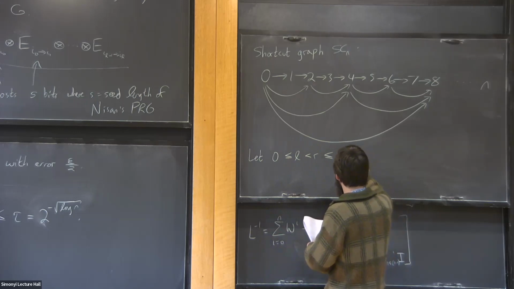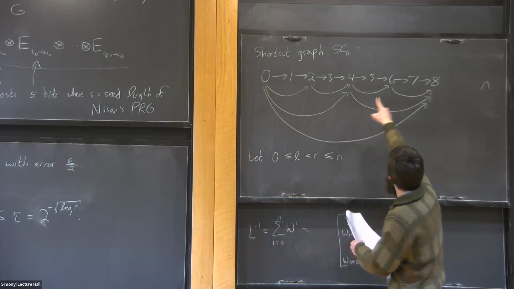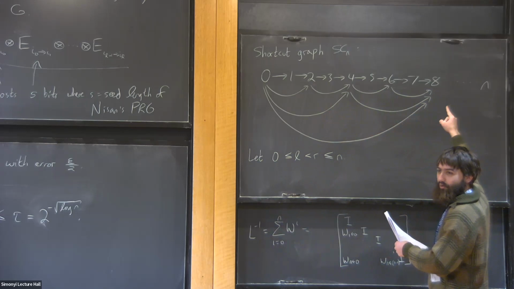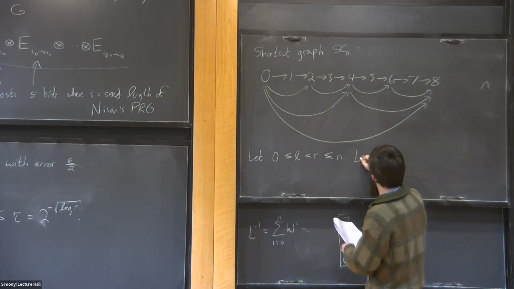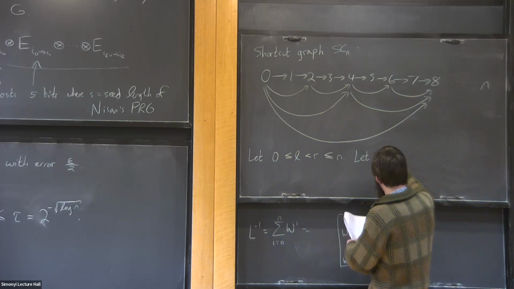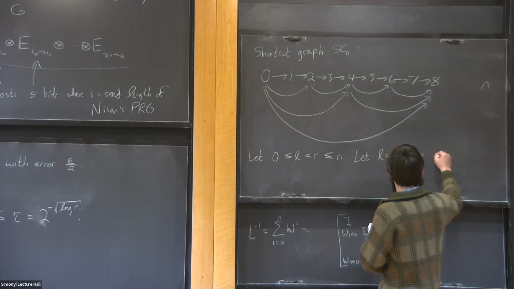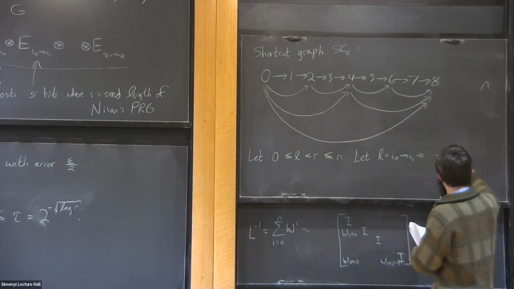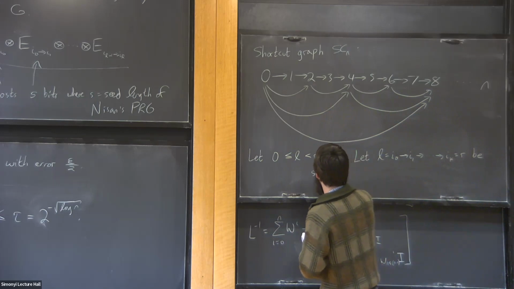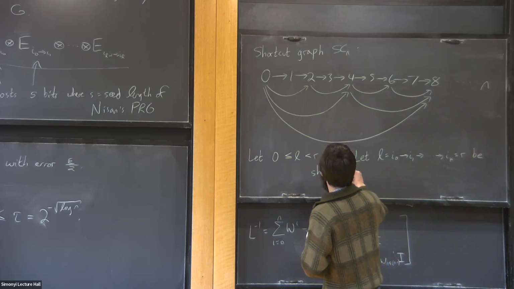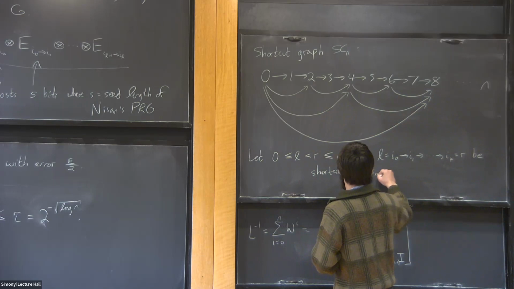Then L and R are numbers here in this graph. We're going to look at the shortest path from L to R. So let's let I0, I1, up to IK be the shortest path in the shortcut graph.